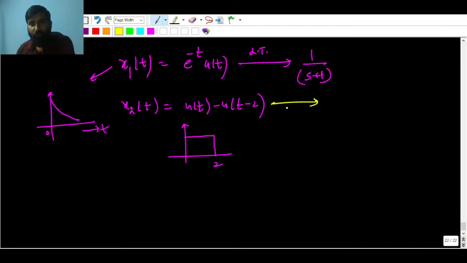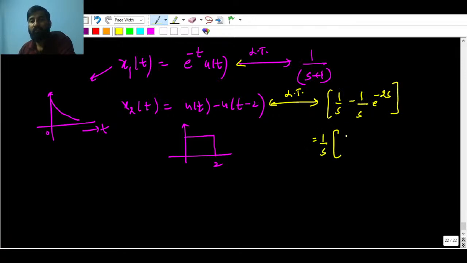So you can take the Laplace transform of this again. u(t) minus u(t minus 2) is going to be 1 by s times 1 minus e raised to power minus 2s. Because there is a shift in the time domain, there would be e raised to power something in the frequency domain.